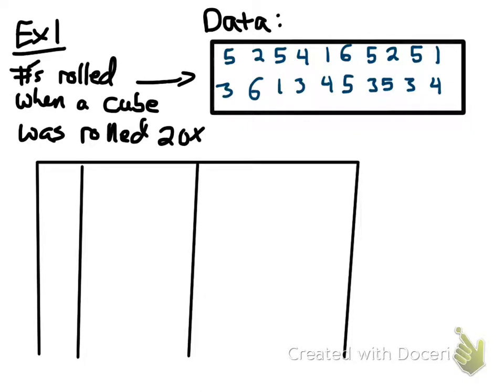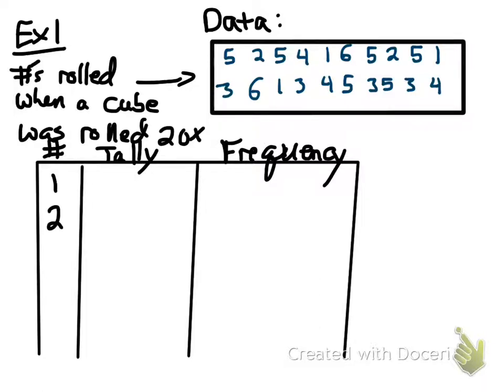I'm going to have the different numbers, I'm going to make a tally, and then I'm going to display the frequency once I count my tallies. So we have numbers 1 through 6, the numbers rolled. I'm going to go through and look at my data table, tally it all up.